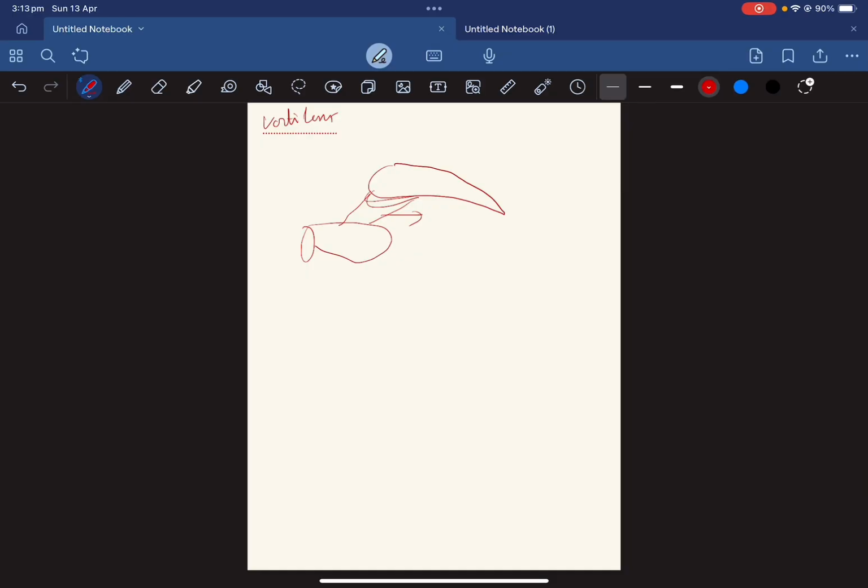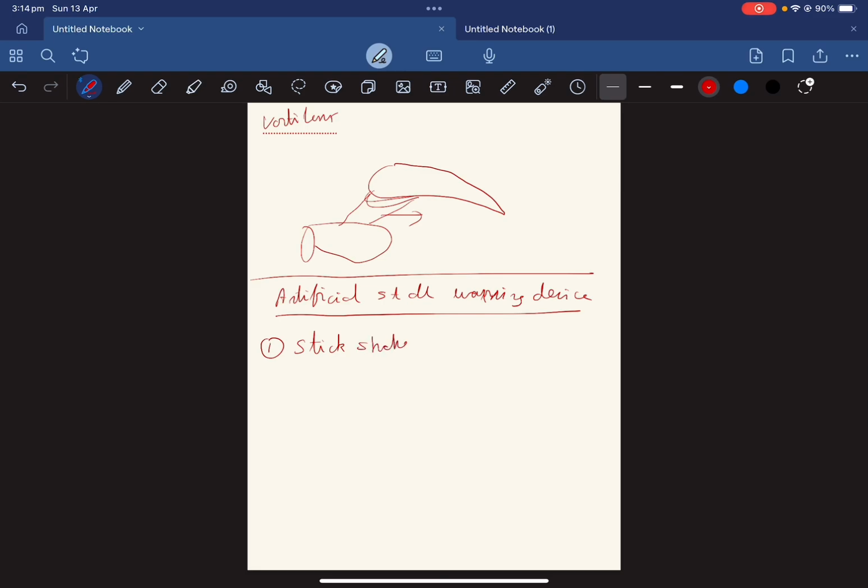The next one is going to be the artificial stall warning devices. Alright. So the first one is going to be your stick shaker. As the name is pretty self-explanatory, what happens?